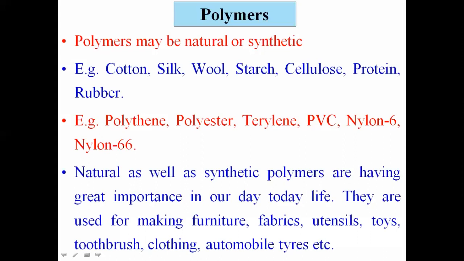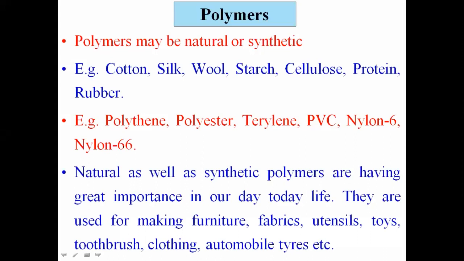They are used for making furniture, fabrics, various household utensils, toys, toothbrushes, clothing, automobile tires, etc. There are so many applications of synthetic as well as natural polymers in our day-to-day life.